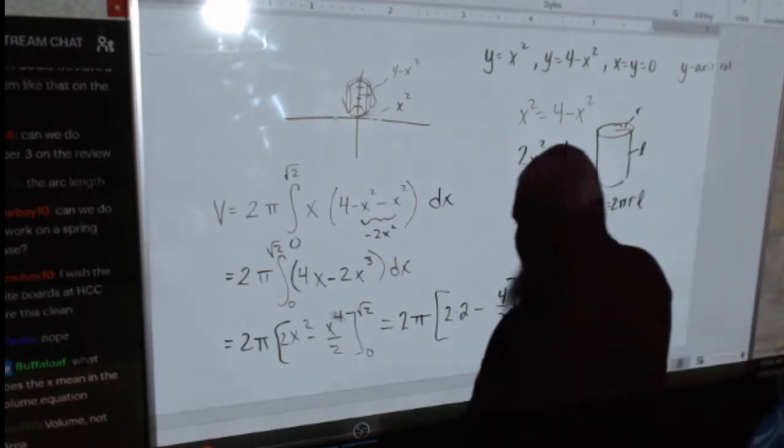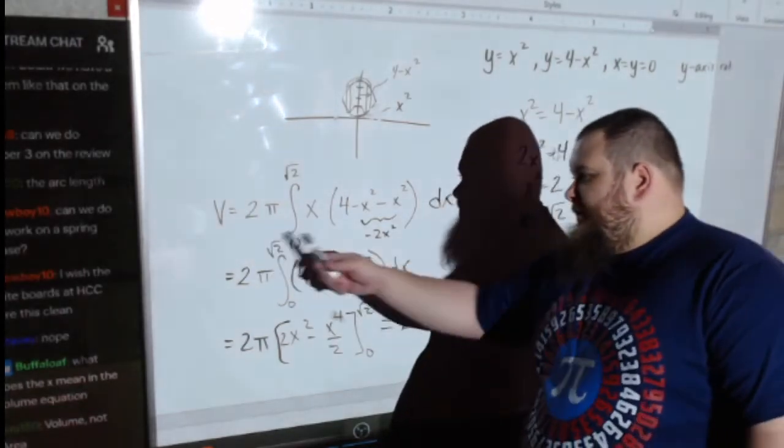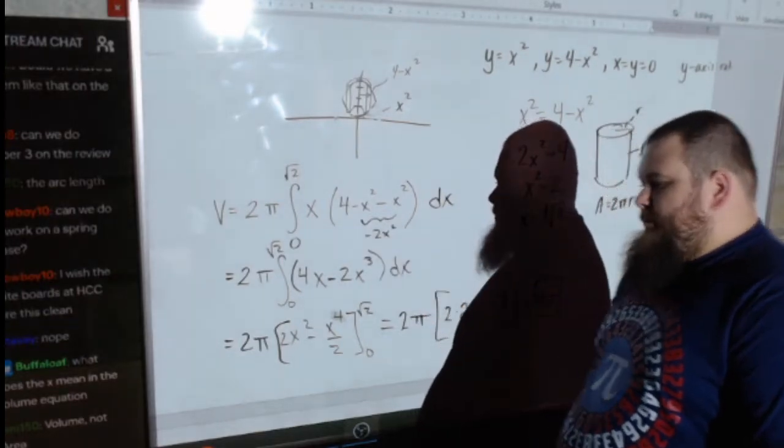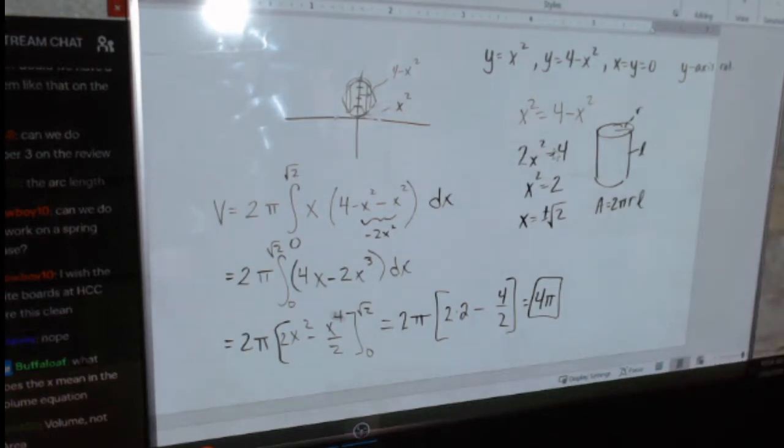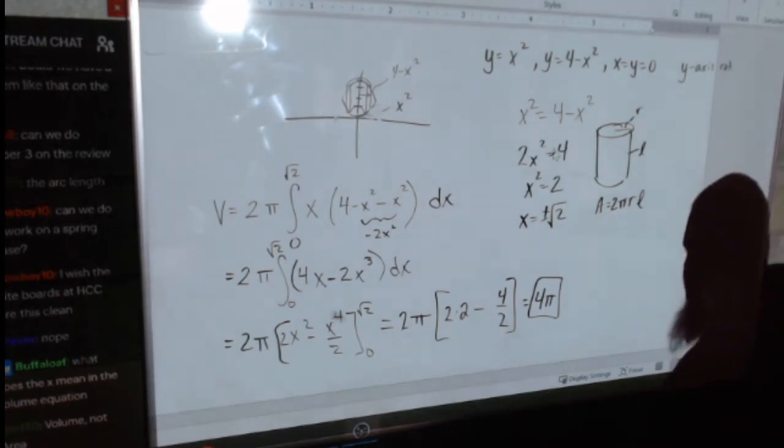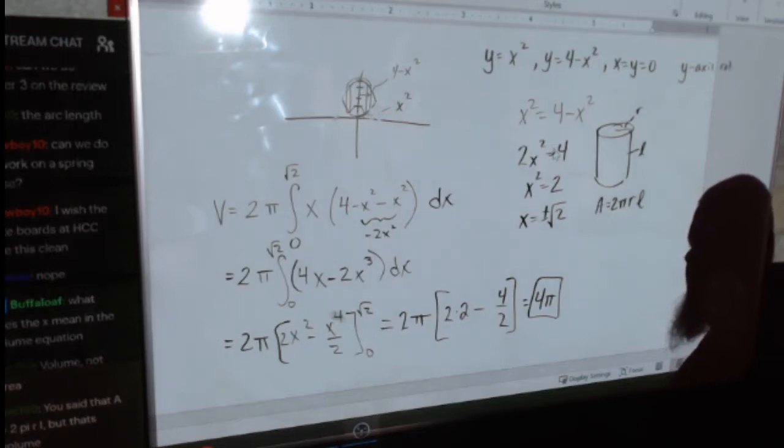Jimmy, I know that he said volume, but the volume equation is the integral of the area with respect to x. Alright, so I think I will go ahead and erase this and do the spring problem.